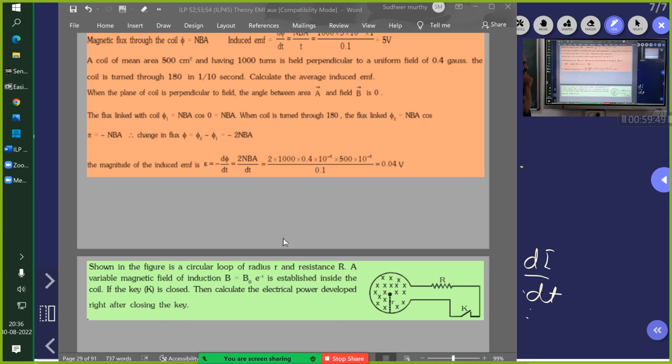B into A you will get. B itself is variable. After the key is closed, you will get the power in terms of this.